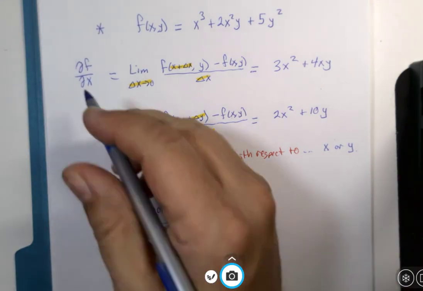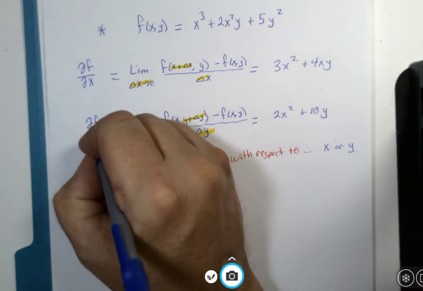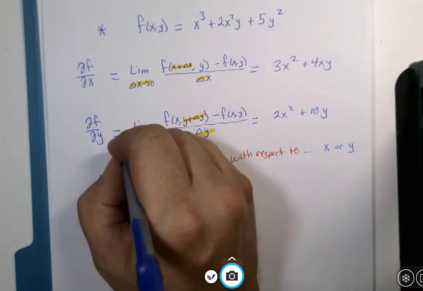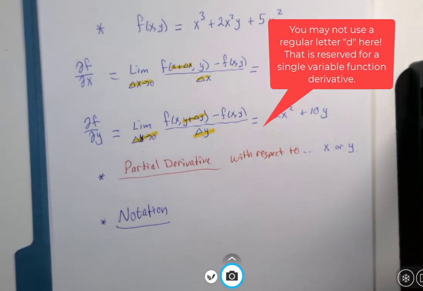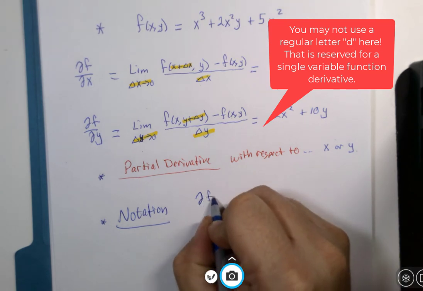And this one here would be the partial derivative with respect to y. It's the formal notation for partial derivative. It can be written differently.